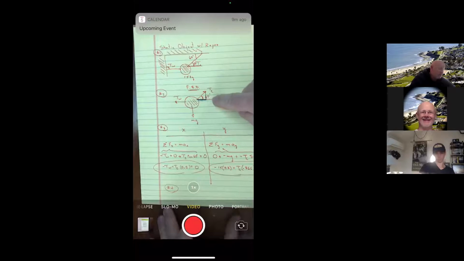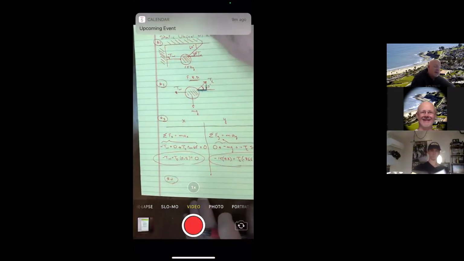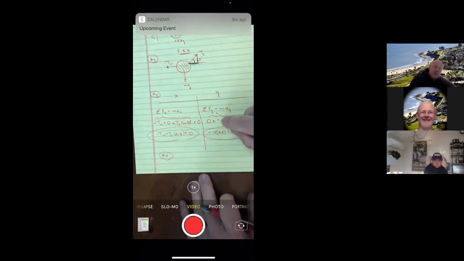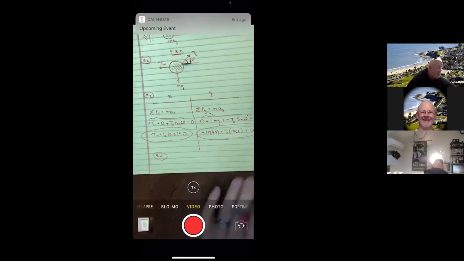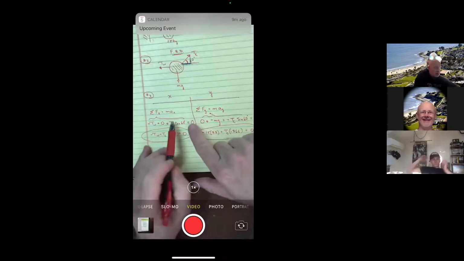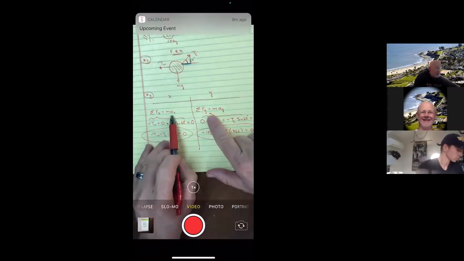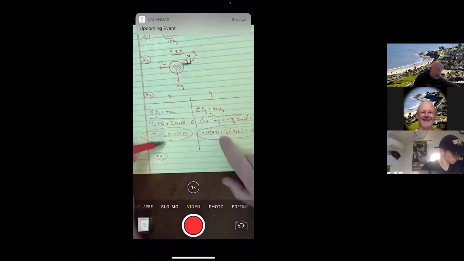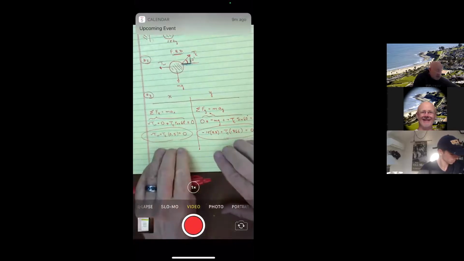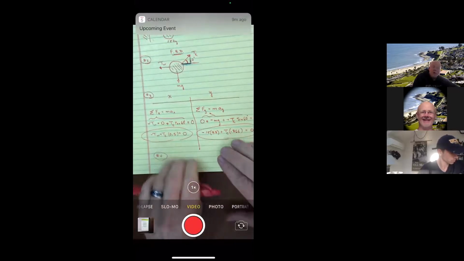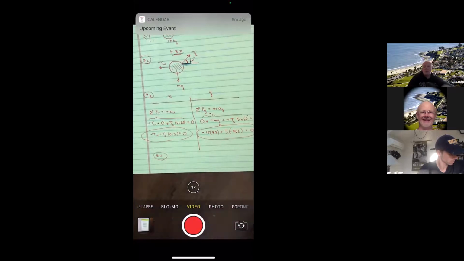So step 2, draw a free body diagram. And if your free body diagram is done well, it'll make step 3 fairly simple, or as simple as it can be, which is to write out the equation. Just start off with the sum of the forces equal ma for both x and y and fill it in. And then once you get to this step, you will have your 2 equations and 2 unknowns.